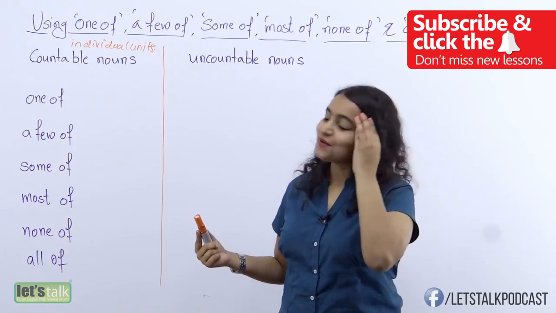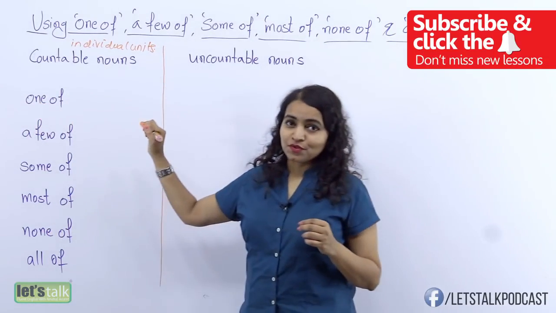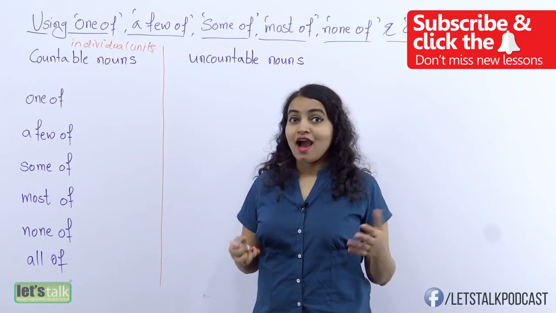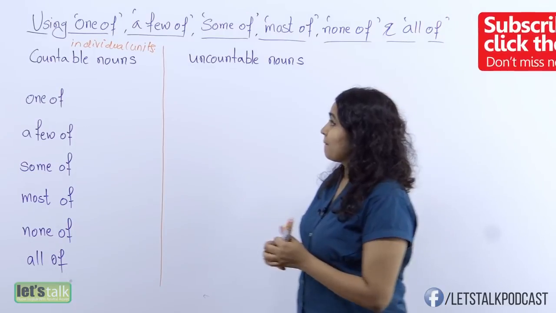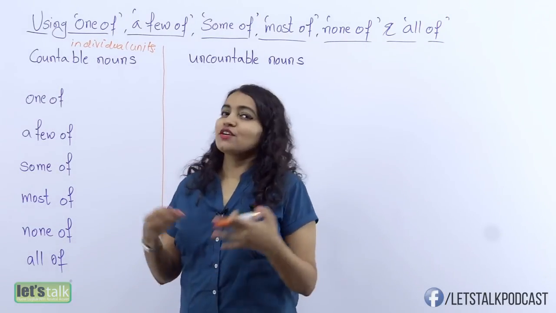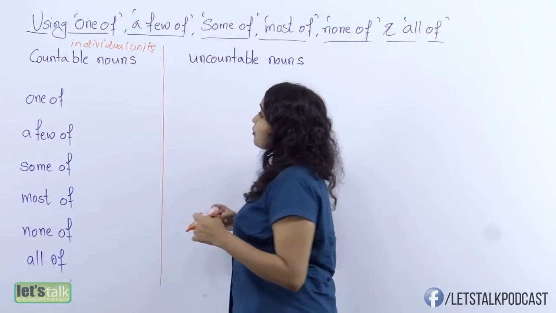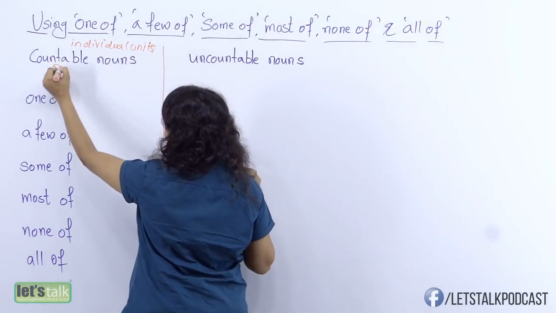That's a countable noun. Now, if I'm going to use one of with a countable noun, how is my sentence structure going to be? Now, a lot of students make a lot of mistakes, of course, because they're learning, right? Suppose I'm going to talk about the countable noun, which is book.